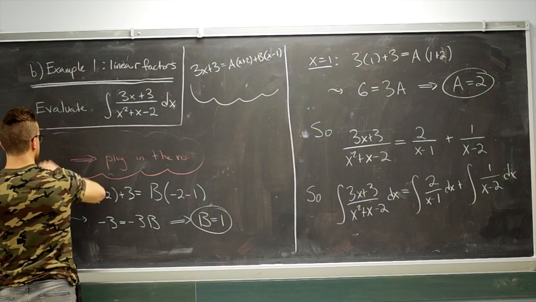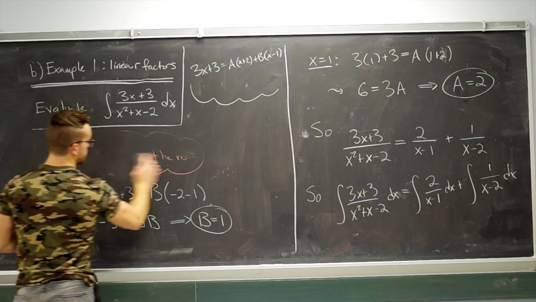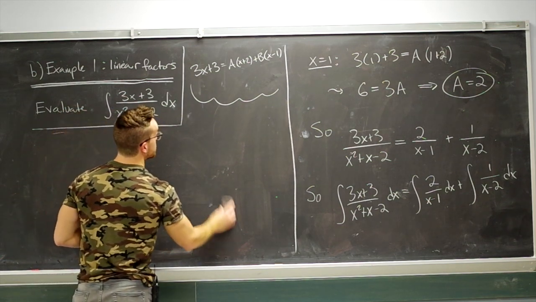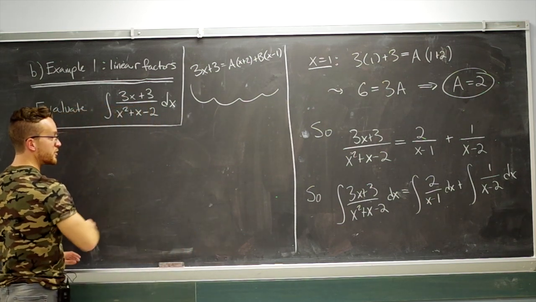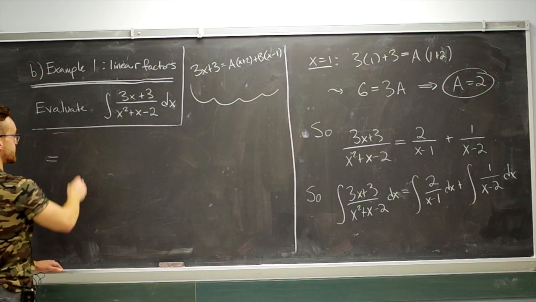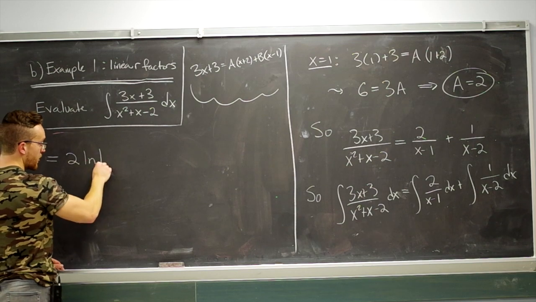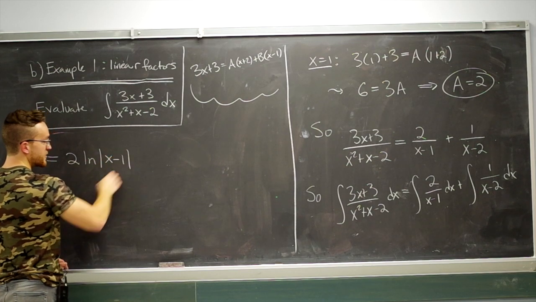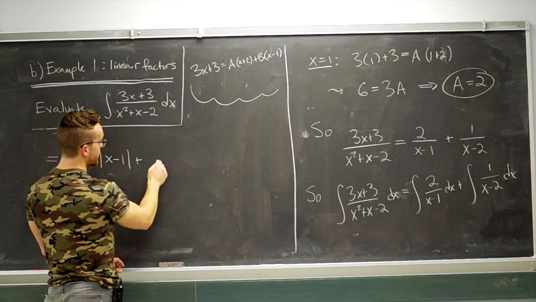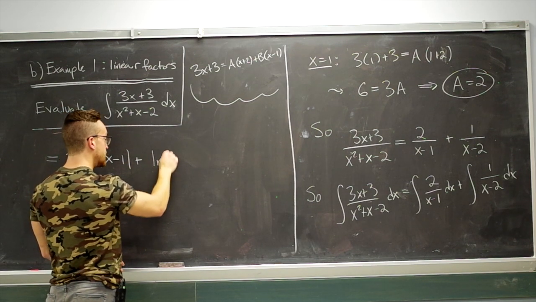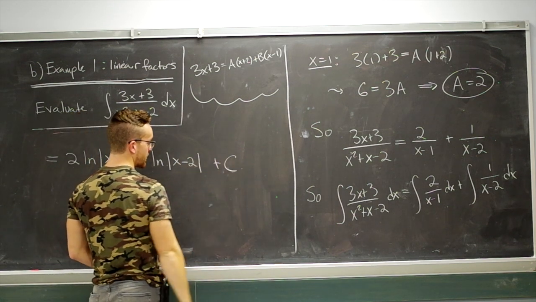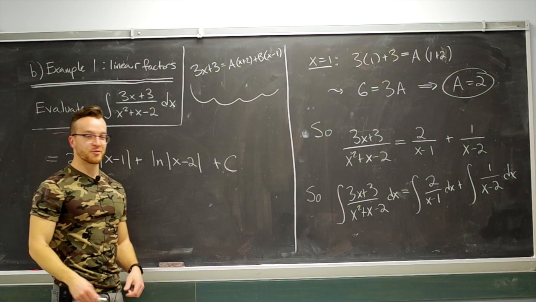And then we're done. So continuing from over there. The antiderivative of 2 over x minus 1 is 2 log of absolute value x minus 1 plus, likewise, the antiderivative of the second one is going to be log absolute value of x minus 2. Add a constant. That'll do it.